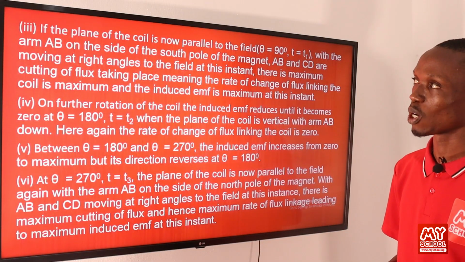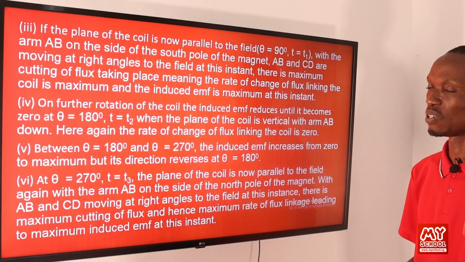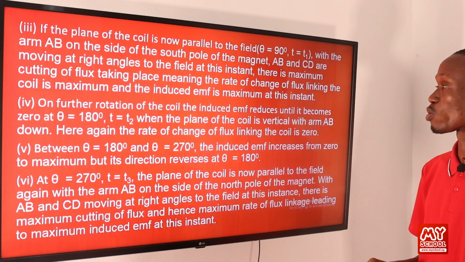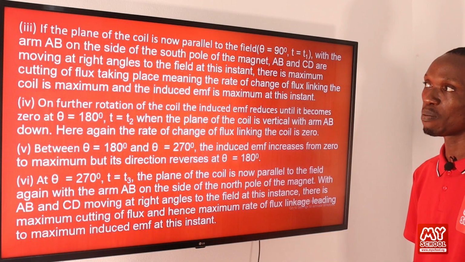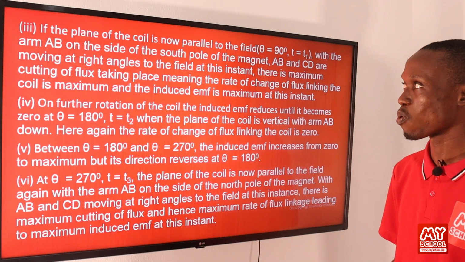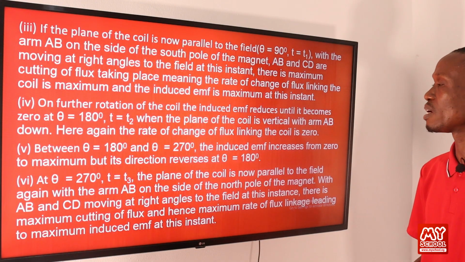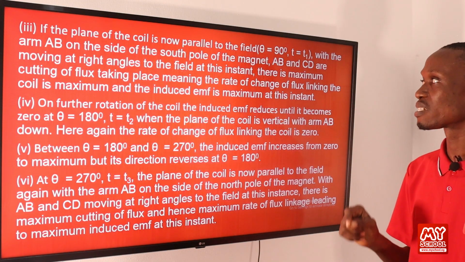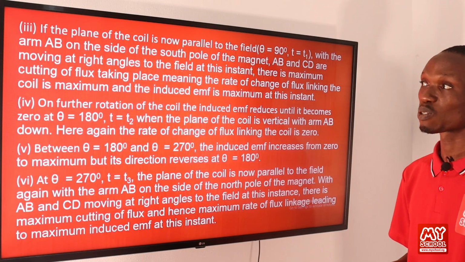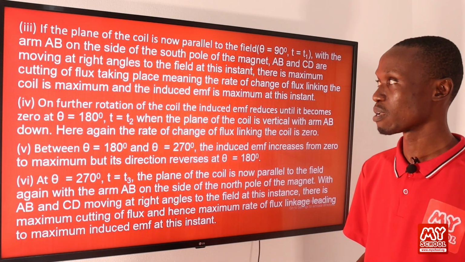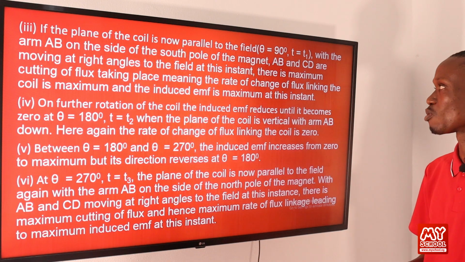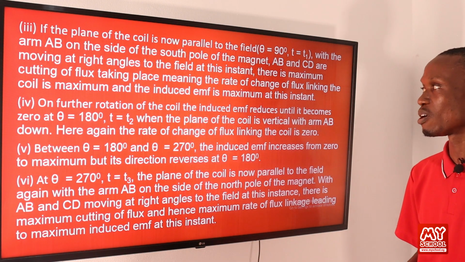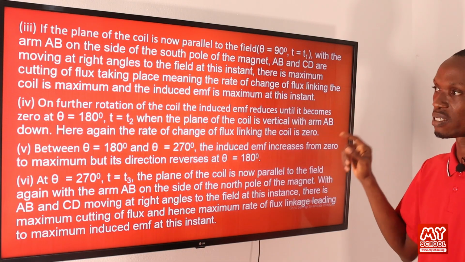Now, the plane of the coil is parallel to the field, that is when theta is equal to 90 degrees and t is equal to t1, with the arm AB on the side of the south pole of the magnet. AB and CD are moving at right angles to the field at this instant. There is maximum cutting of flux taking place, meaning the rate of change of flux linking the coil is maximum and the induced EMF is maximum at this instance.